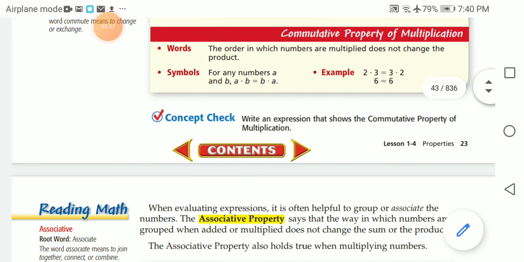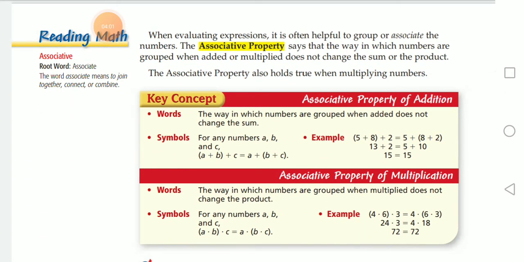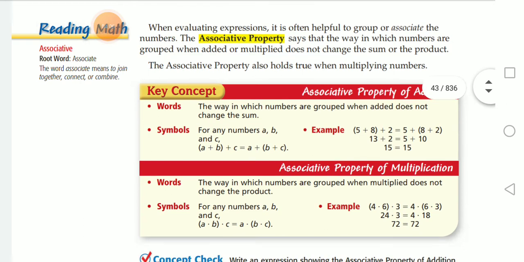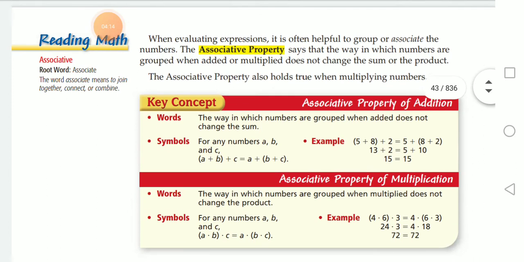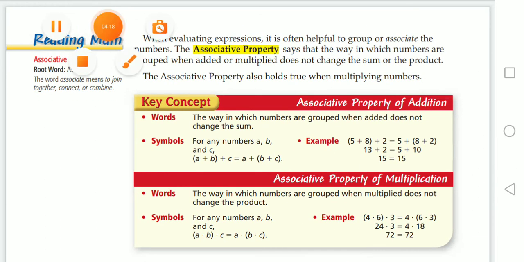When evaluating expressions, it's often helpful to group or associate the numbers. The associative property says that the way in which numbers are grouped when added or multiplied doesn't change the sum or the product. What's this? This is grouping.